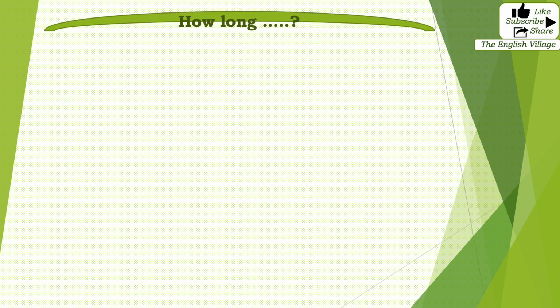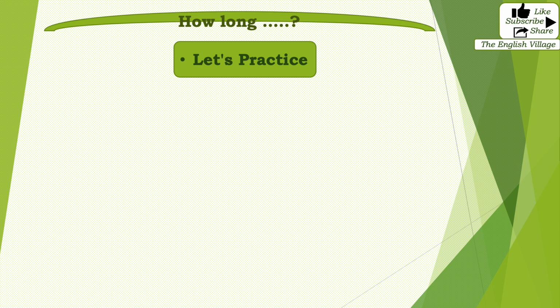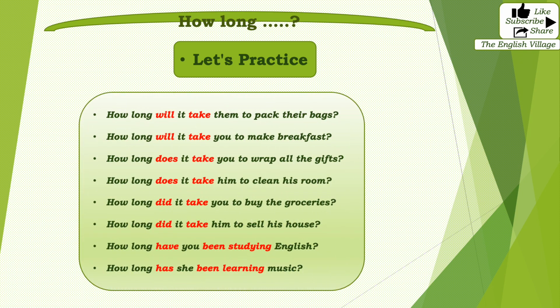After learning about the concept of how long, I'm going to give you some sentences that you can practice. All these questions I have given you are in present, past, future, and present perfect continuous form. I want you to stop this video and think about the answers.